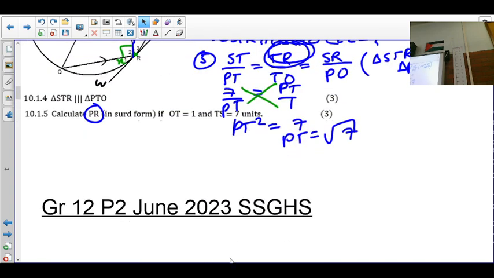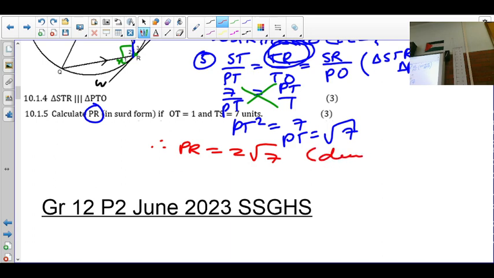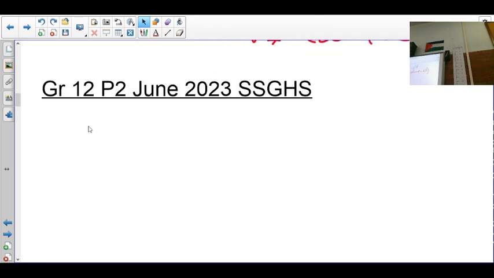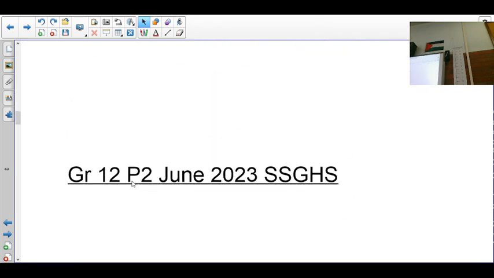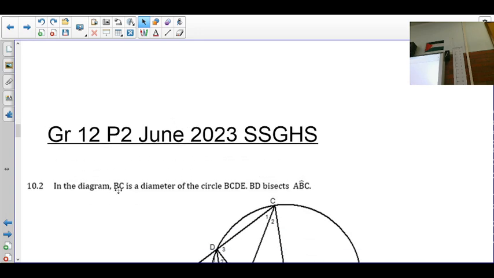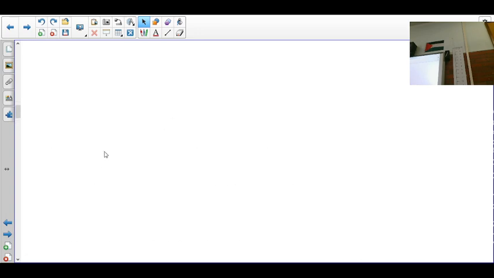Yes. So therefore, PR is equal to twice. Why? Because the diameter is equal to twice your radius. You don't need the reason there again. Is this geometry already? Yes, so you need the reason.